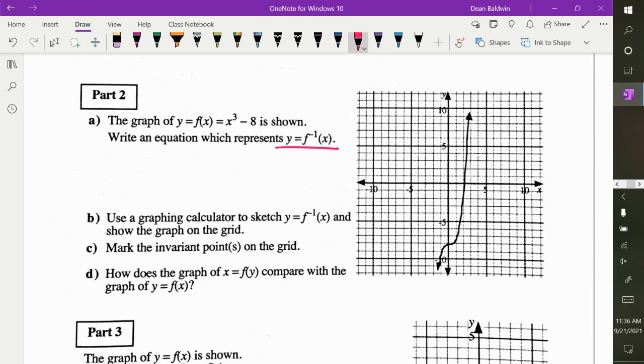We're going to sketch the inverse of this function. See if you can remember it. Sketch the inverse of that, please. Switch the x, y values.